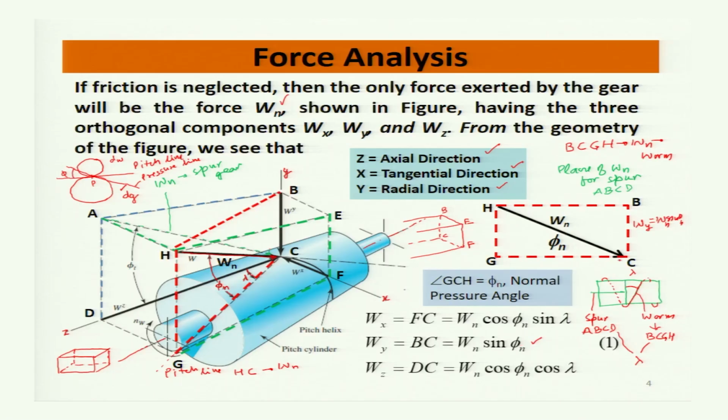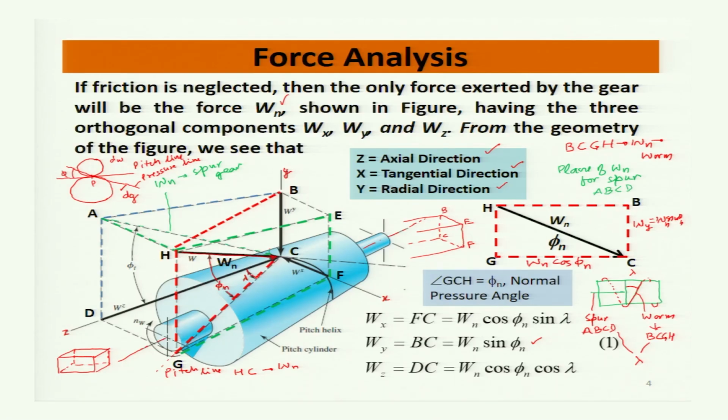And the component along GC is Wn cos of phi n, isn't it?